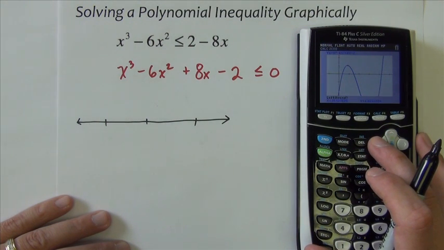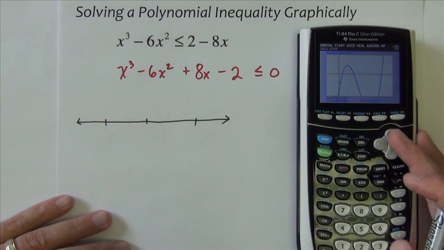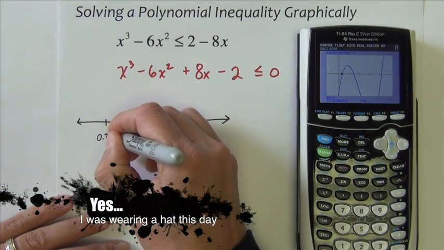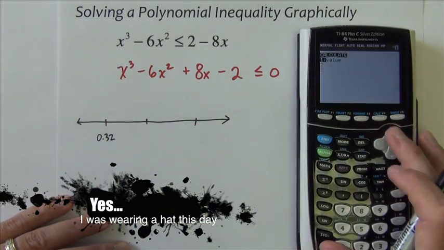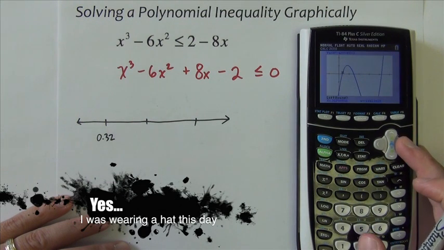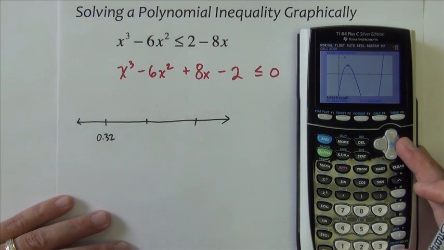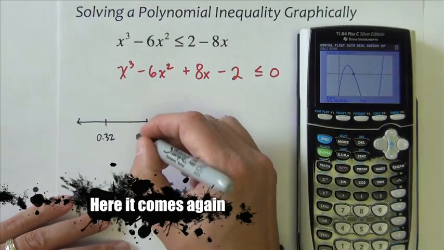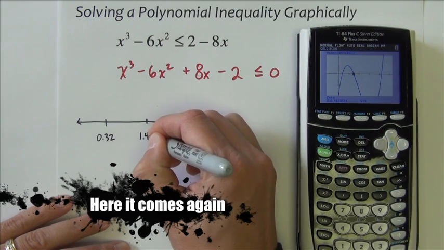Okay, so I'm going to find the one on the left first. We've done this before, so I'm not reteaching it, I'm just doing it. So this first one is 0.32. Second one is 1.46.